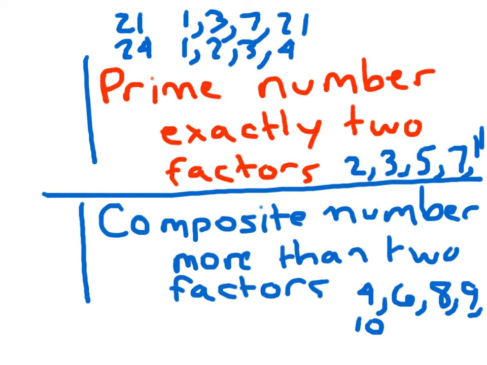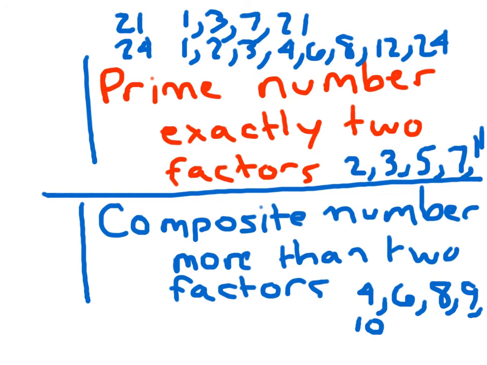But once we start listing out all of those factors of 24, we can very clearly see that it has more than 2 factors, making it a composite number. In fact, the only even number that's prime is 2.